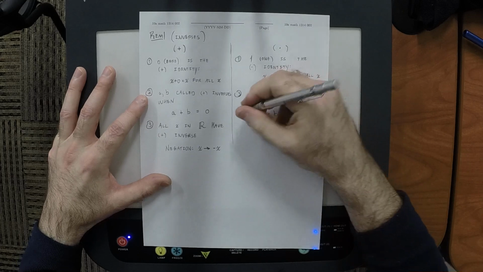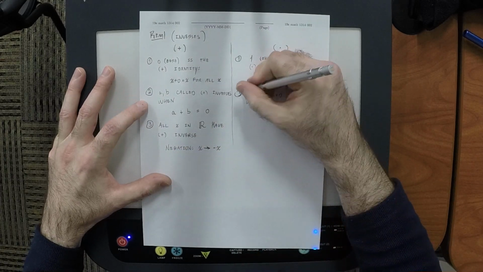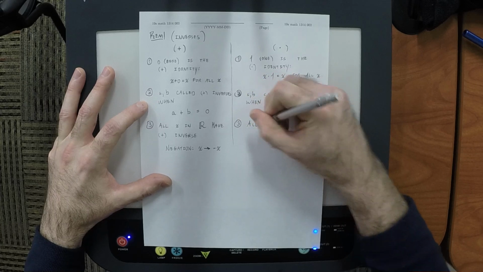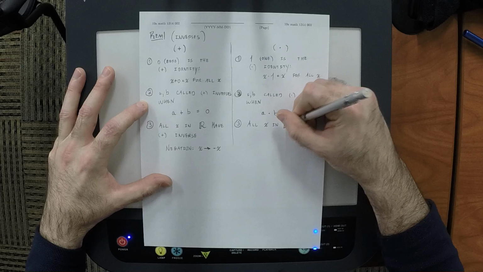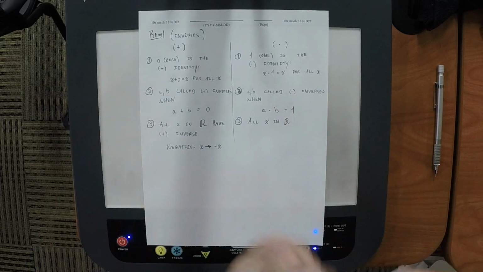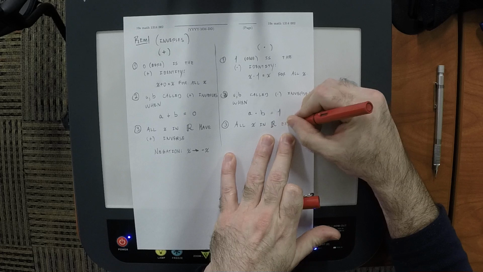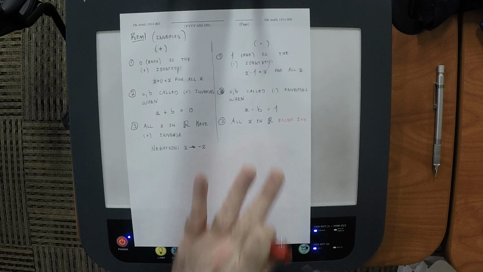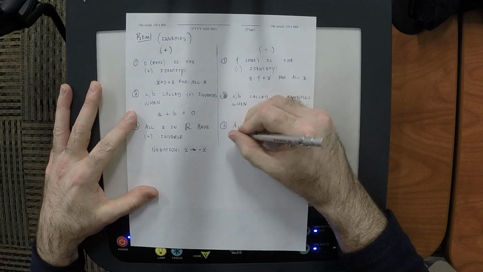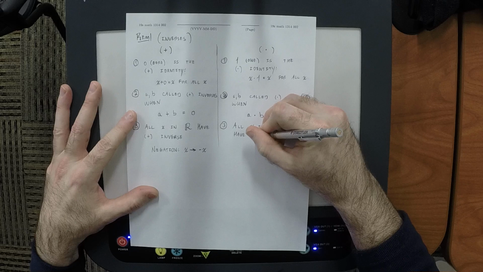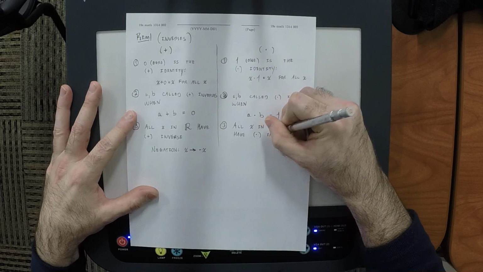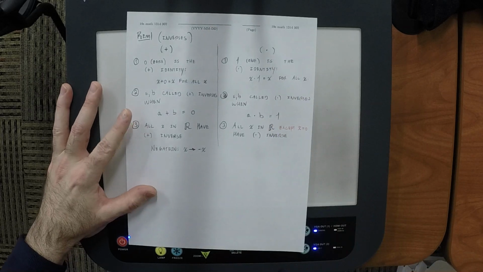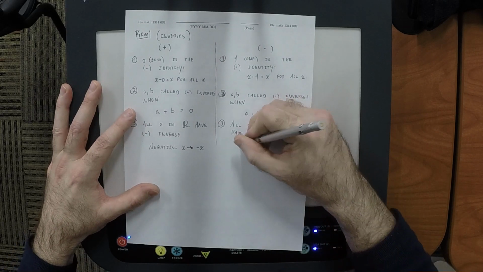So now, this is a 3. Okay, so now all x in the reals, and now we have an exception, except x equal to 0, have a multiplicative inverse, and the name of the operation that gives you the multiplicative inverse is called reciprocal.